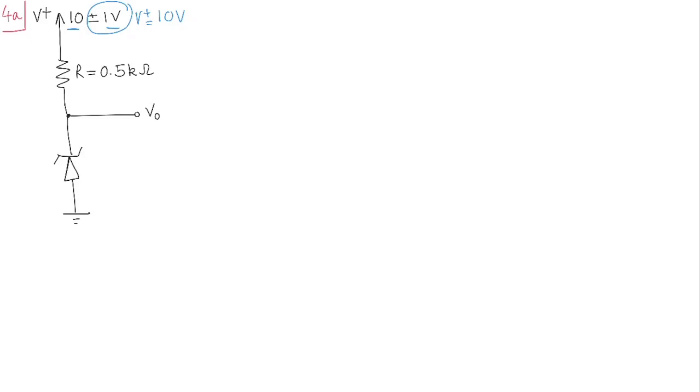So what is the output voltage? What we've been given in the question is Vz equal to 6.8 volts at Iz equal to 5 milliamperes, right? And we've also been given that Rz equal to 20 ohms. So how would the model of the Zener diode look? So the model of the Zener diode will look like this, isn't it?